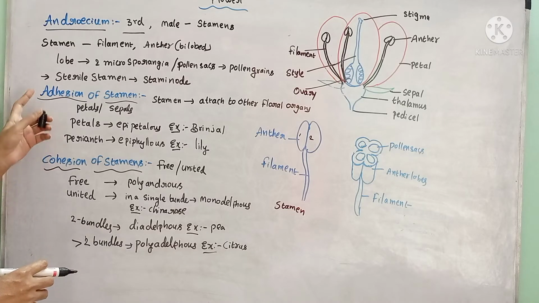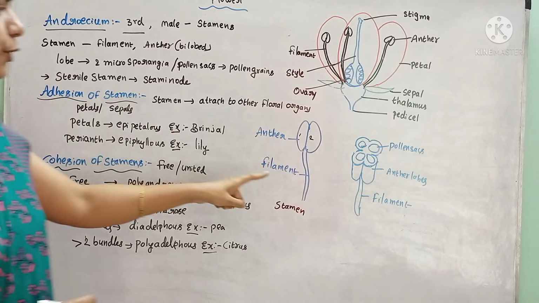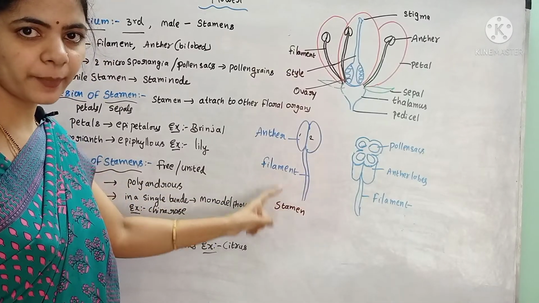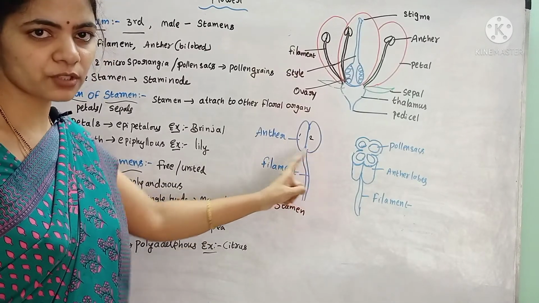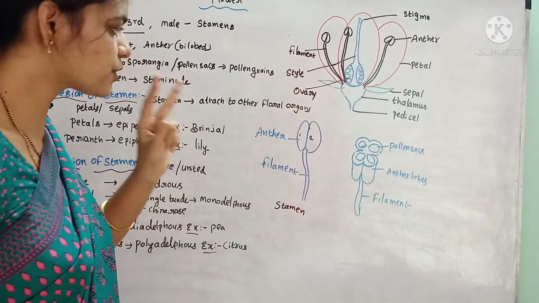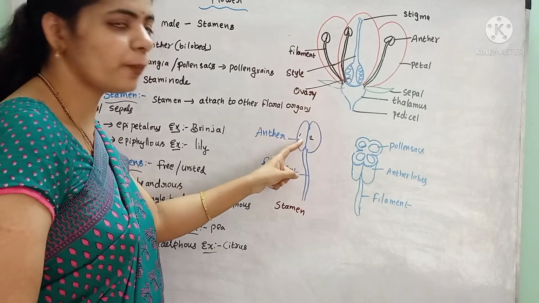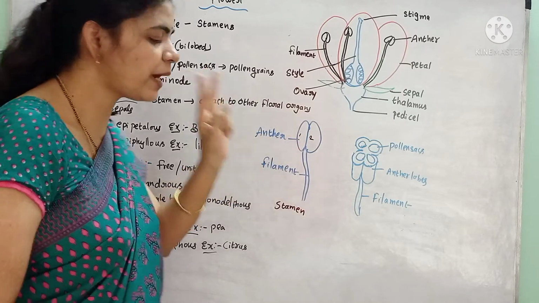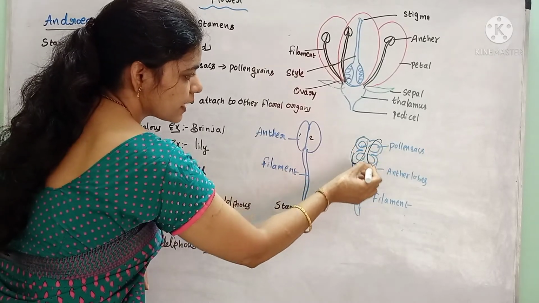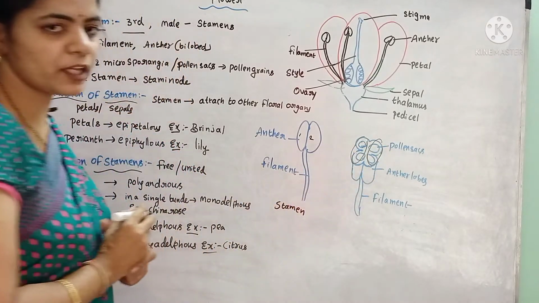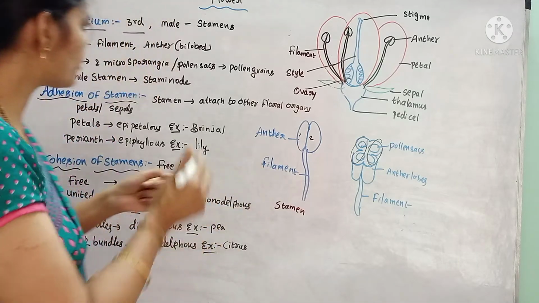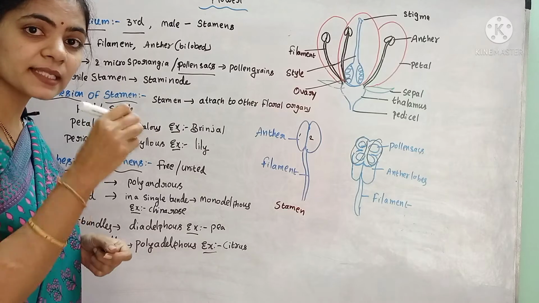If you see the androecium once again, what are the two parts? Filament and anther. The tubular part is called filament, and the terminal bilobed structure is called anther. Each anther consists of 2 lobes usually, and each lobe consists of 2 microsporangia, otherwise called pollen sacs.